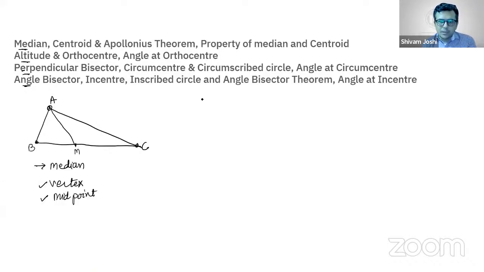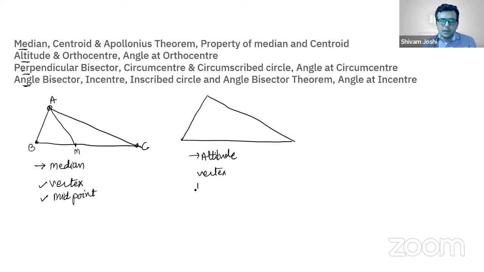What is an altitude then? Altitude is something which is passing through vertex and perpendicular to the opposite side. A, B, C. Drop a perpendicular here.